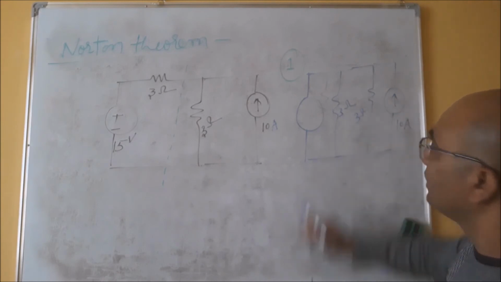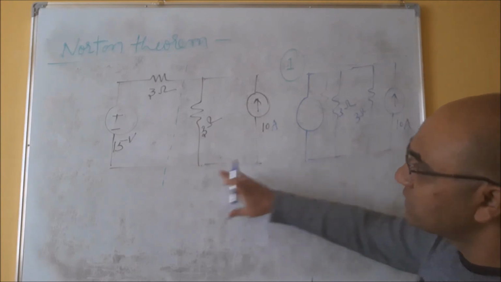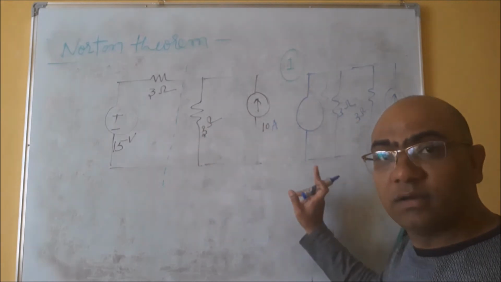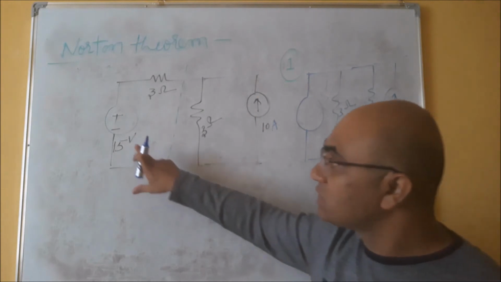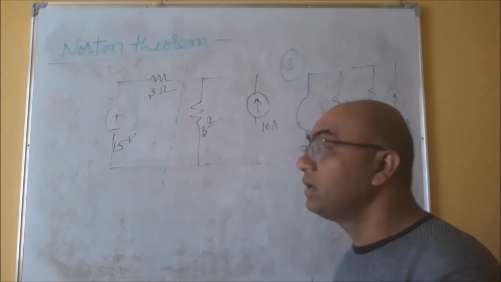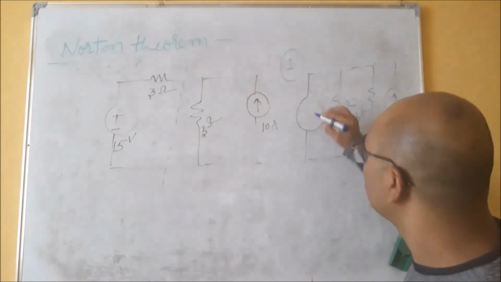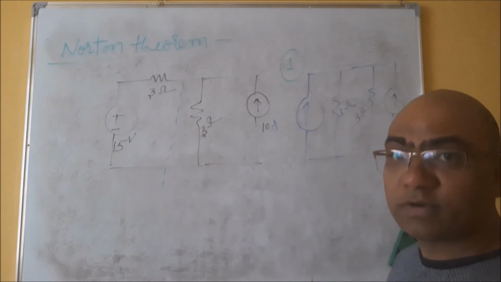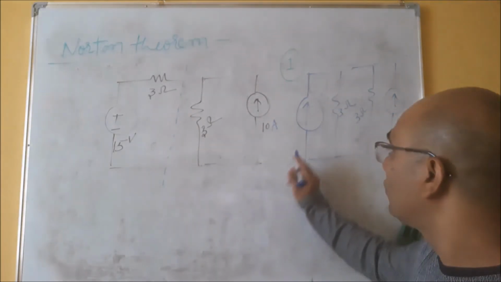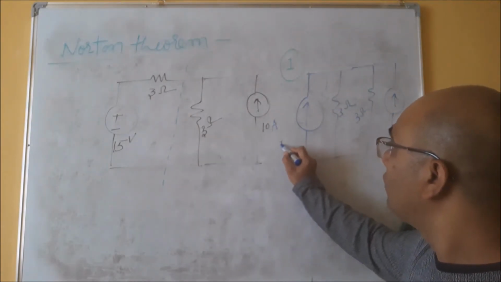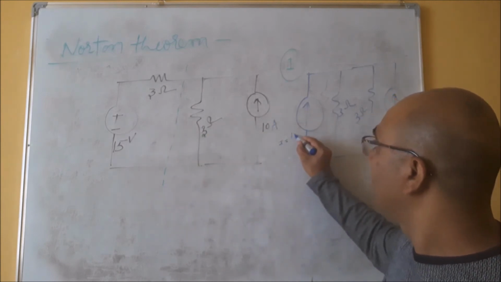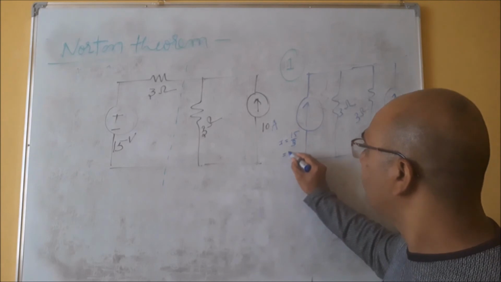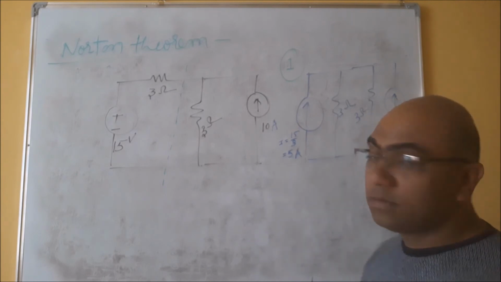3 ohm. Okay, now the value of this, since this voltage source is converted into the current source. So first, what is the direction of current inside the source? From minus to plus. So this will be the direction of the current source, right? And what will be the value here? The value of this current source will be 15 upon R, so 5 ampere, right?